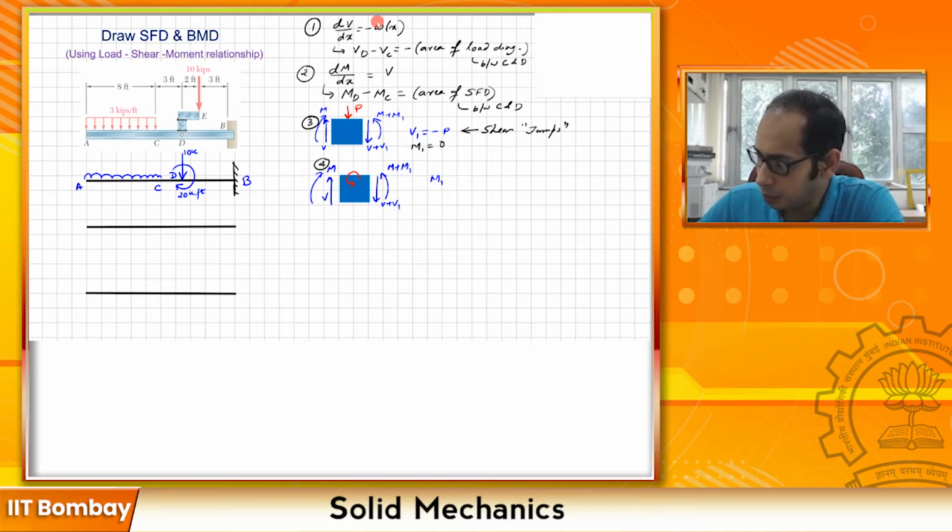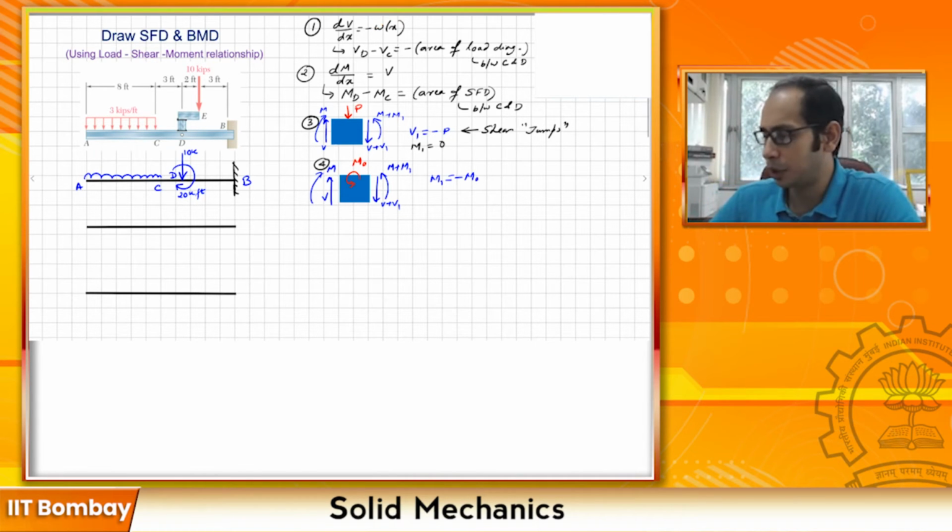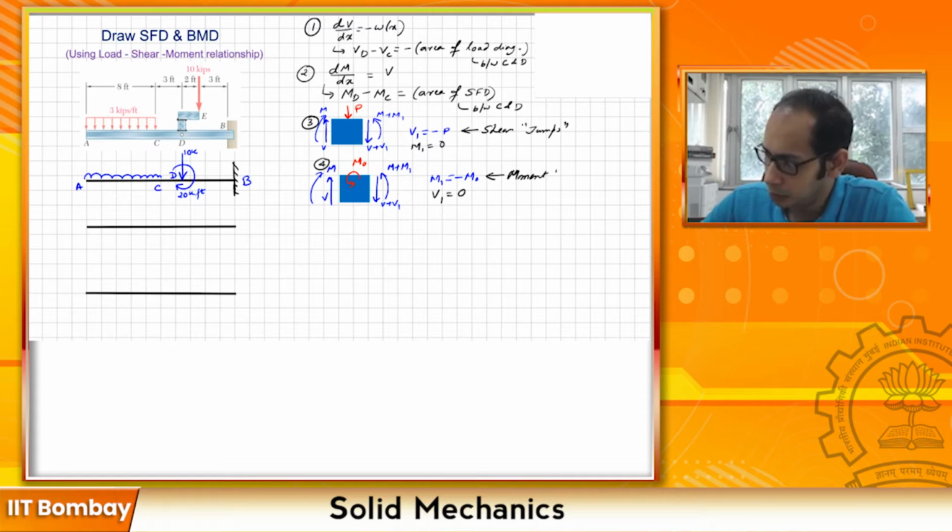Suppose the value of this point moment is M0. Then M1 becomes equal to minus M naught. You can easily derive it, but just to make things quicker in your head, keep a note that the M naught here was marked anti-clockwise. As a consequence, the positive moment comes out as negative M naught. And for this one, V1 was equal to 0, so no change in shear. So the moment jumps.